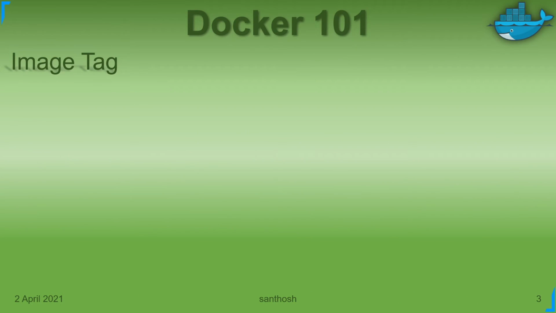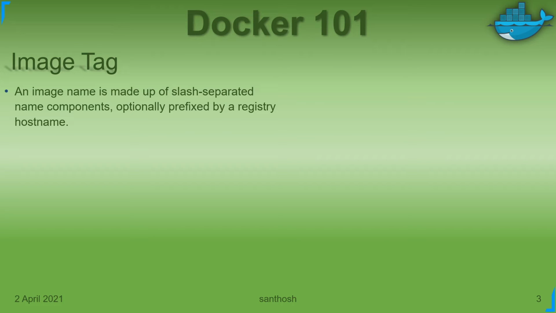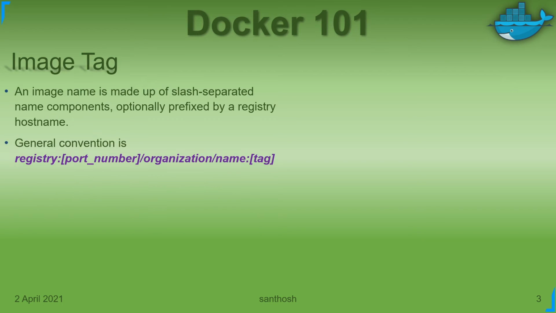While creating Docker images, meaningful names or tags should be given so that it is easier to identify within the teams or even the community. An image name is made of slash-separated components, optionally prefixed by registry. Generally, the name format has a registry, optional port number, slash organization, slash image name, colon, optional tag.